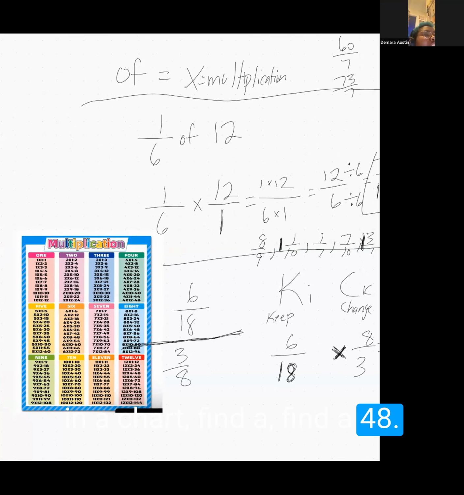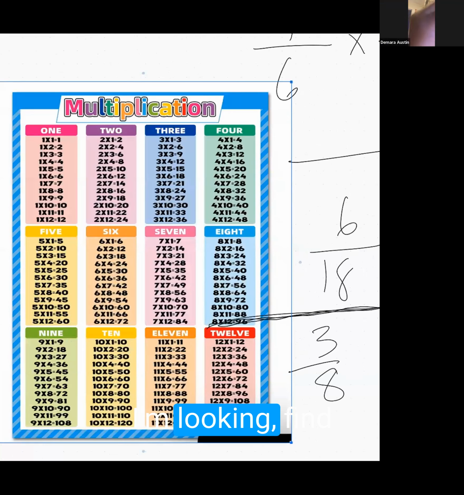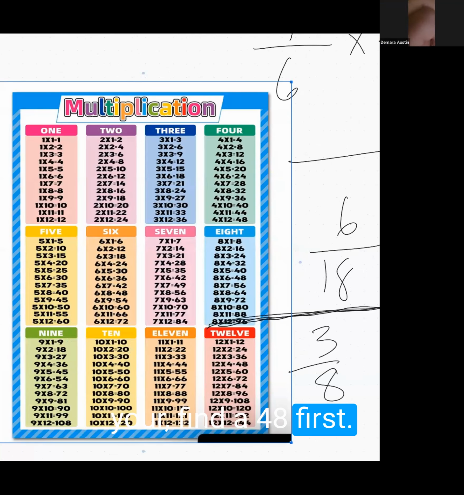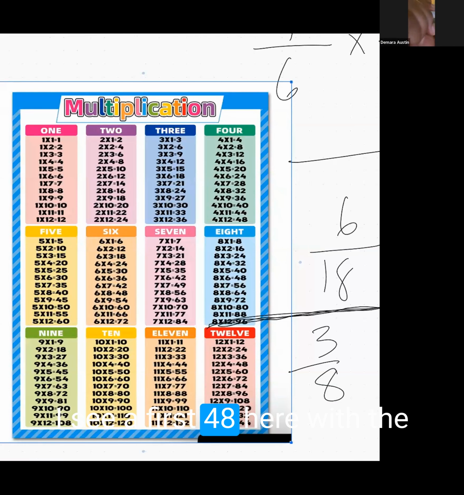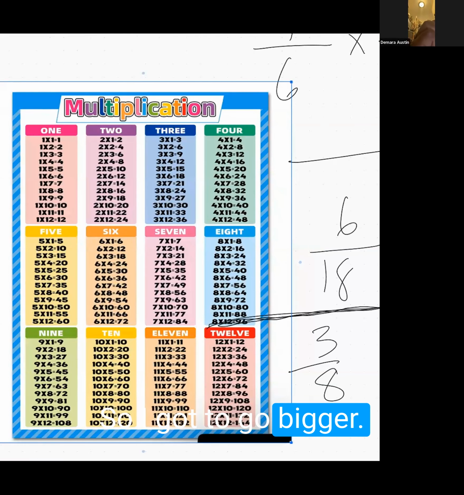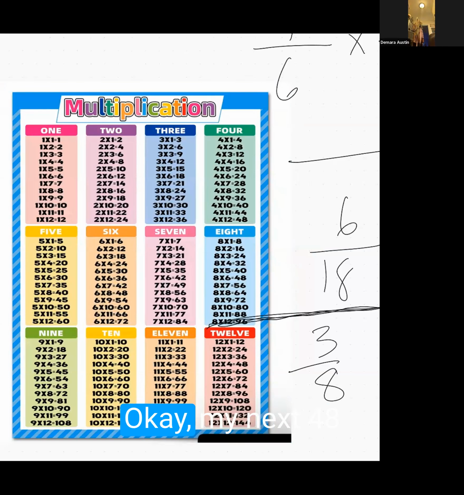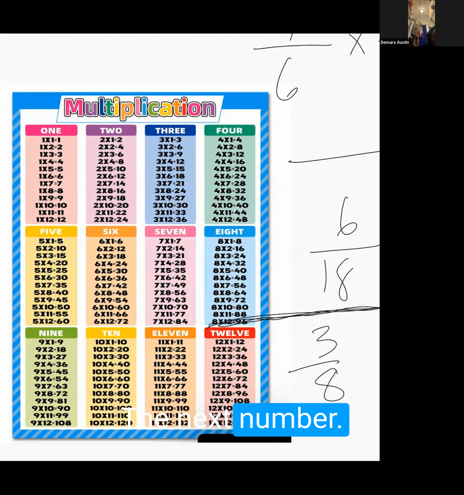Find a 48. Okay. I'm looking, find a 48 first. All right. I see a first 48 here with the 4s, but it stops right there. So I got to go bigger. All right. Let's find my next 48. Okay. My next 48 is here in the 6s. Let's look for 54. Oh, it's actually the next number.